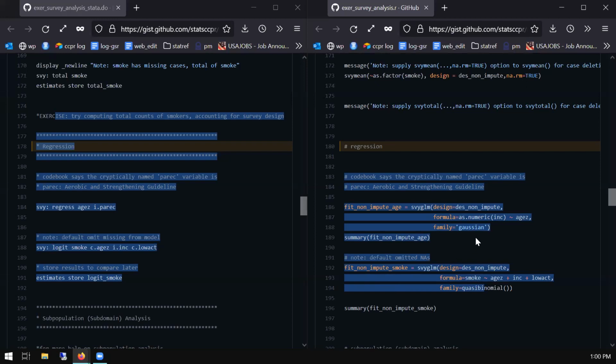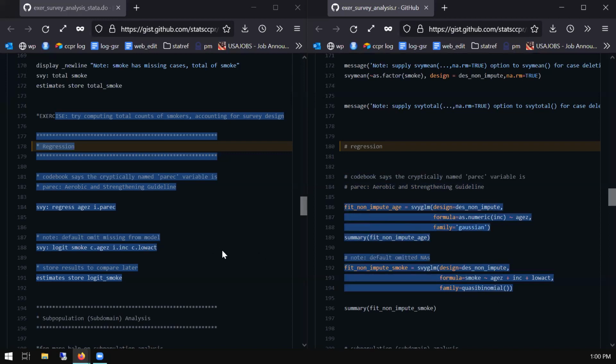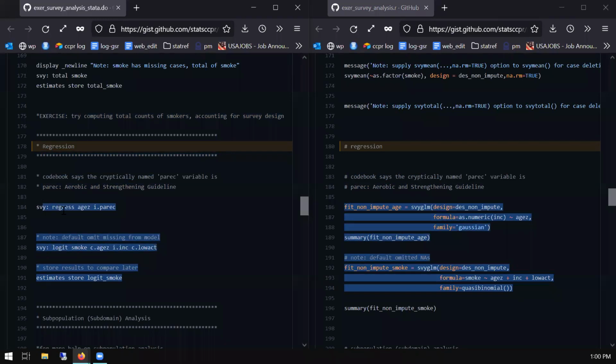Later, you'll see after we fold in the missing data, the analysis steps are very similar. It's just going to use these same estimate commands in R and similar commands in Stata. The extra step is just telling the program how you want to treat and deal and live with the missing data.